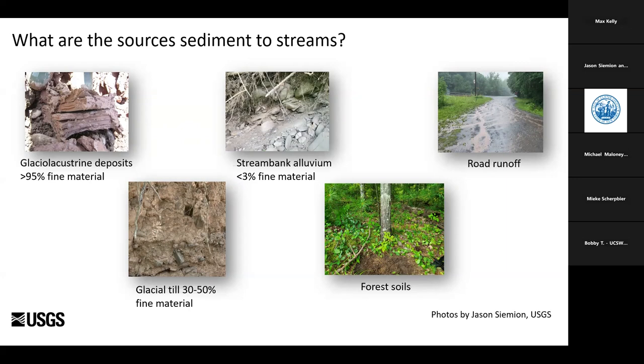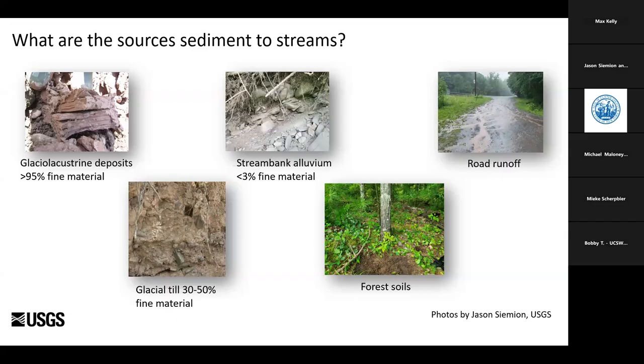So we have these layers of clay with a little bit of silt or very fine sand in between them. And you can imagine during a large storm how quickly these can erode. And once they're eroded, that clay material gets in suspension in the stream, it will stay in suspension all the way down to the reservoir and then stay in suspension in the reservoir for quite some time.